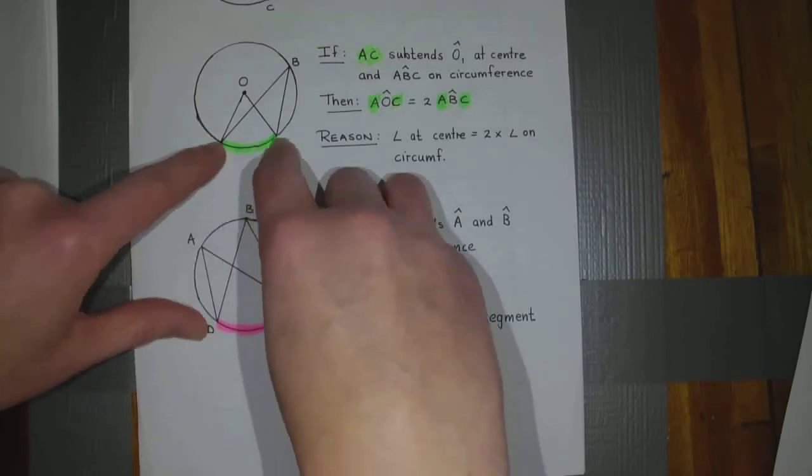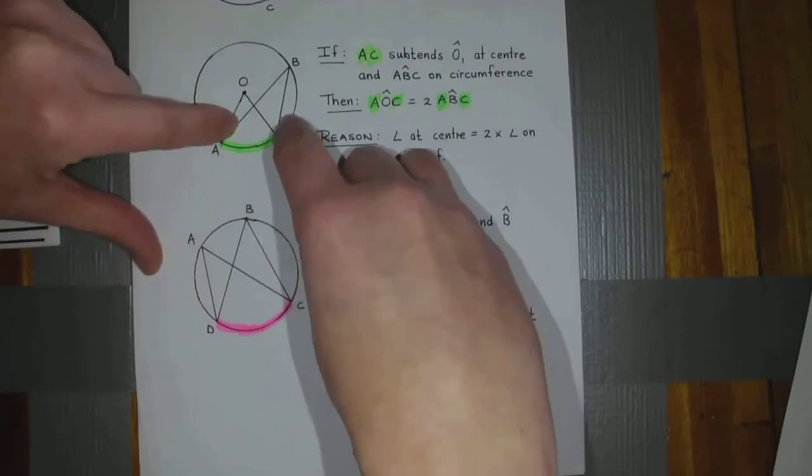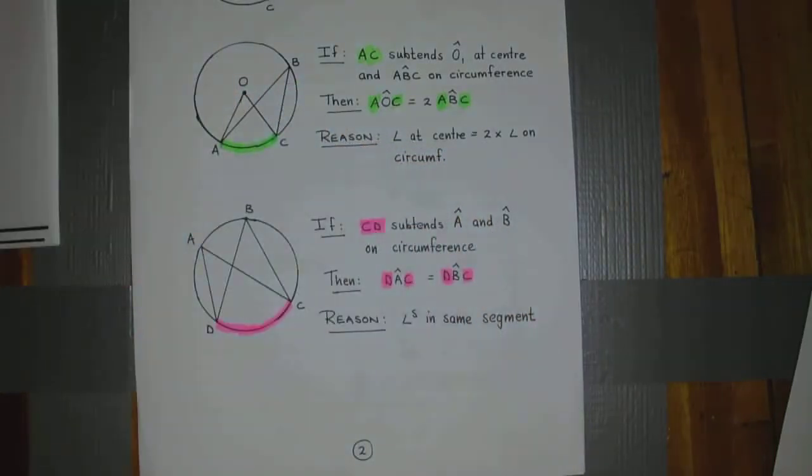So the arc AC subtends O at the center, the arc AC subtends B on the circumference, so both those angles are subtended by the same arc. Therefore, the angle at the center is twice the angle on the circumference. And that's the theorem. Got it? Angle at center is twice angle at circumference.